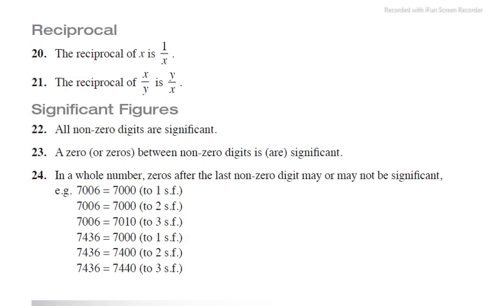Then we have a 0 that is between non-zero digits. For instance, if we have 105, when you write 105, this 0 is between the non-zero digits.